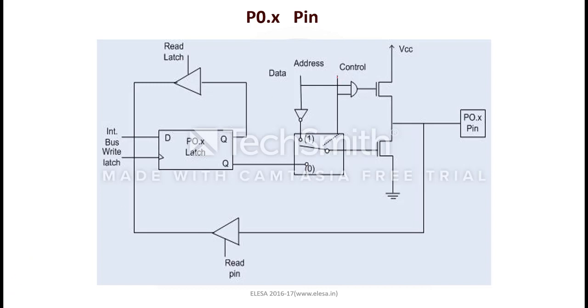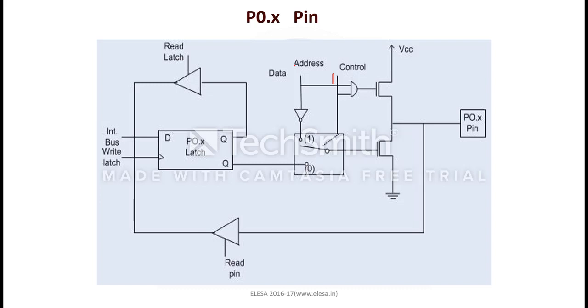Now as I told already, the port pin can also be used to interface external memory. For this we have to make the control bit 1, that is, to send either a high address bit or a low address bit.